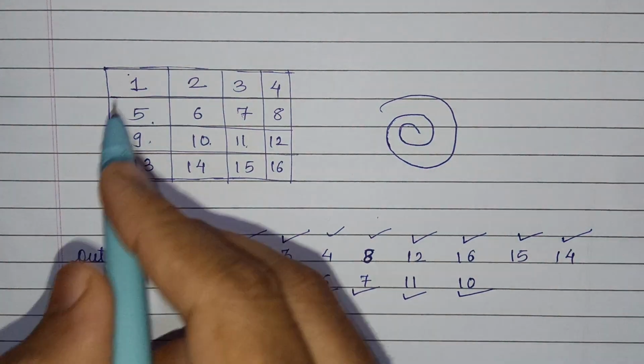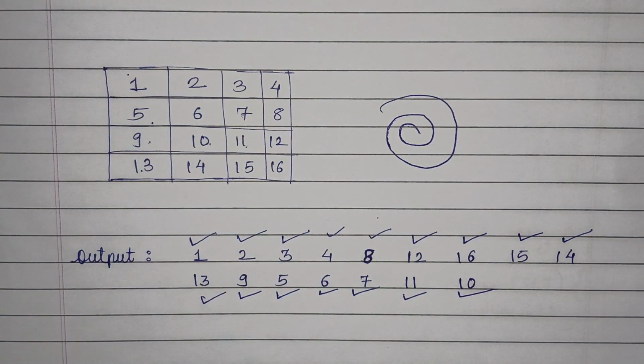So we have to print the elements in the matrix in spiral format.